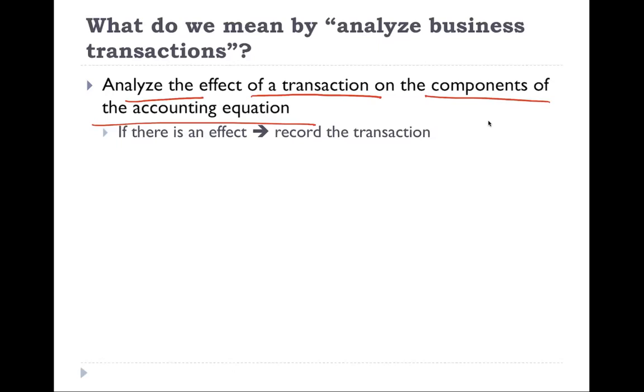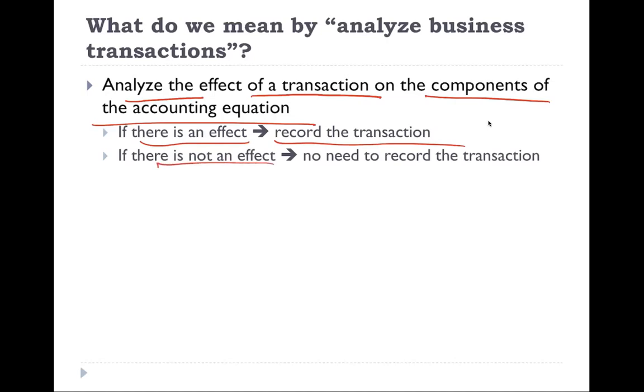Analyzing the business transaction means we analyze the effect of the transaction on assets, on liability, and on stockholders' equity. If the business transaction affects a firm's assets or liability or stockholders' equity, we need to record the transaction. If there's no effect, we do not need to record the transaction.